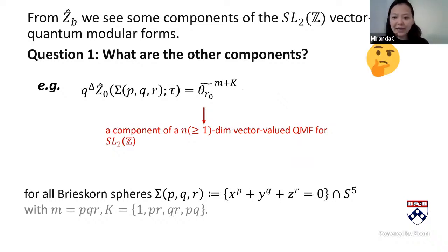Okay, so here I just want to say that this phenomenon is not just for that manifold. I'm just writing things out in more detail in that case, just to show you what I meant. But you could show that for all Brieskorn spheres with three singular fibers, defined in this way, you always see one component from a generically higher-dimensional irreducible representation.